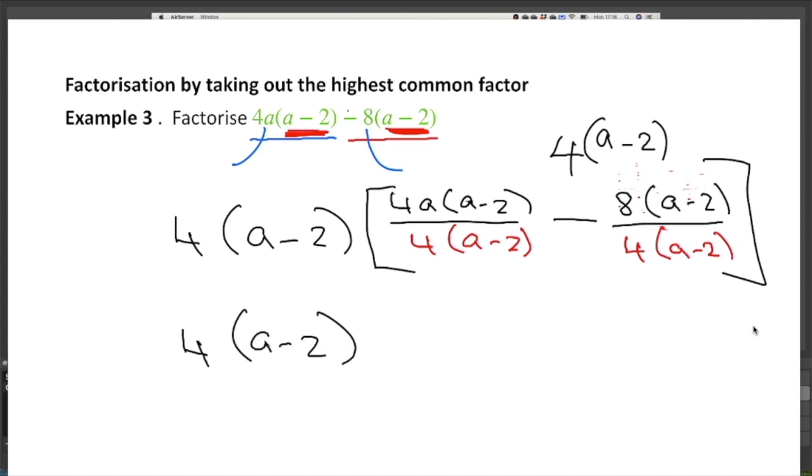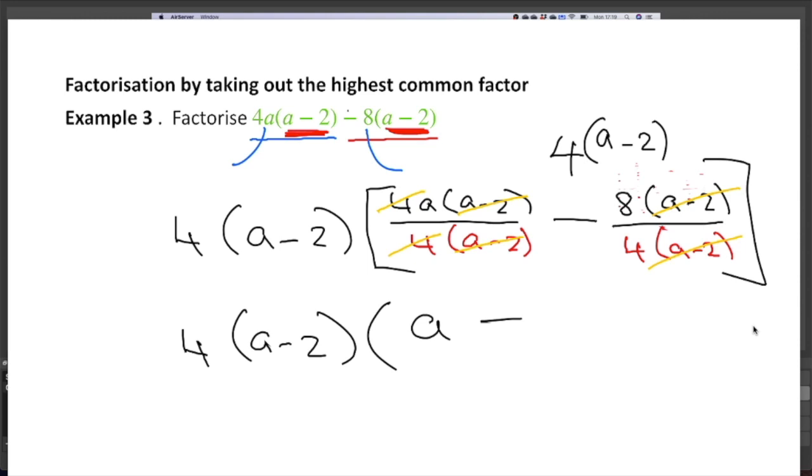Now let's simplify and see what we get inside the square bracket. Right, clearly a minus 2 will cancel out. And 4 and 4 will cancel out. So from the first part here, we just remain with a. The rest cancel out. The negative sign should be put down there. Next, clearly a minus 2 and a minus 2 will cancel out.